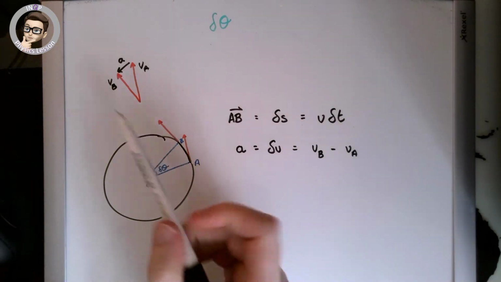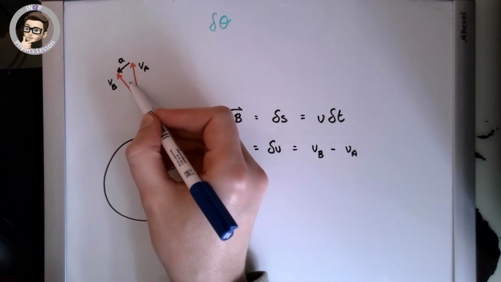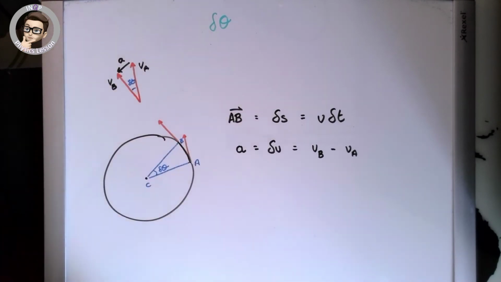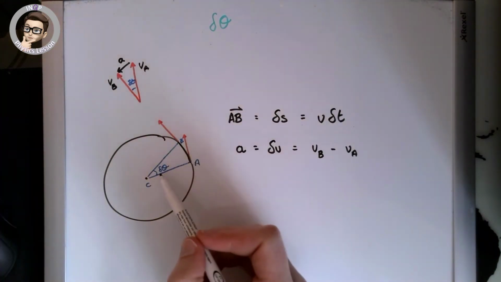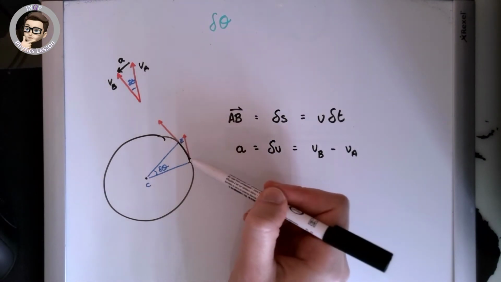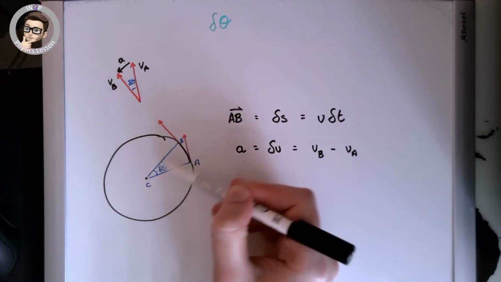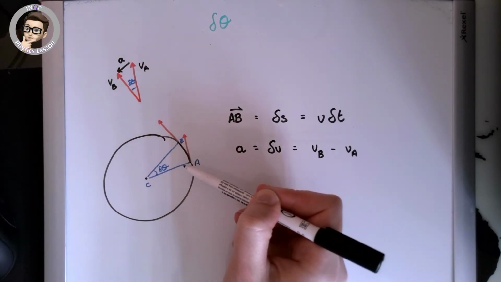Okay, so it's important to note that these two triangles are pretty much exactly the same. In fact, they have exactly the same shape when that's d theta, because those velocity vectors are moving by the same angle as the angle we have in this quadrant here.